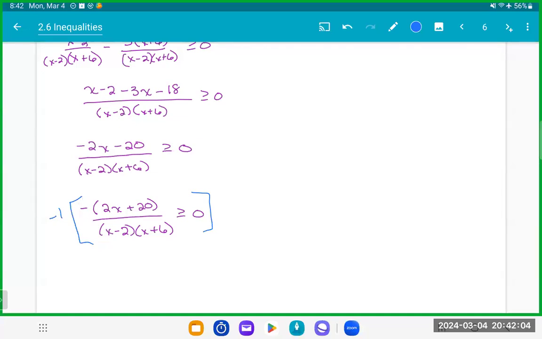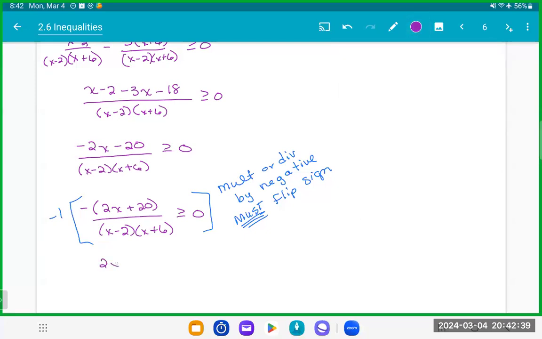And so I multiply by -1. When you remember, when dealing with inequalities, if you multiply or divide by a negative, you must flip the sign. Not if you add or subtract, but if you multiply or divide by a negative, you must flip the sign, okay? So in this case, we're multiplying by a negative.